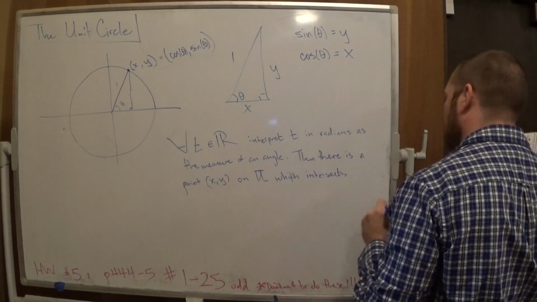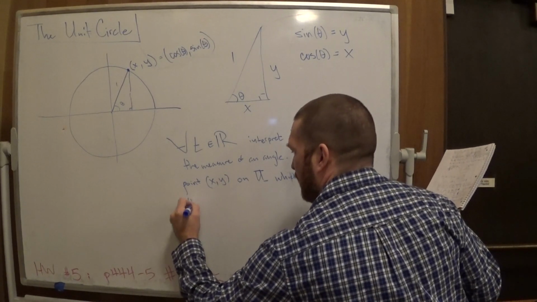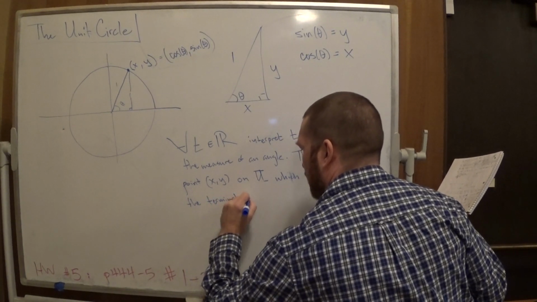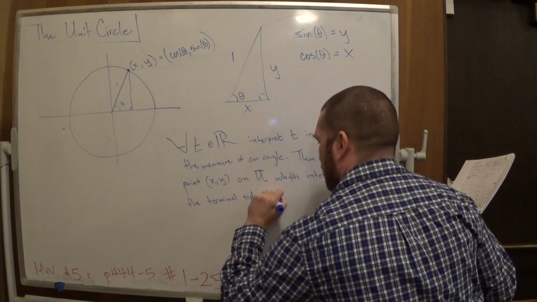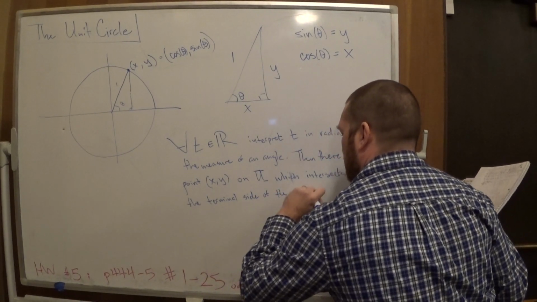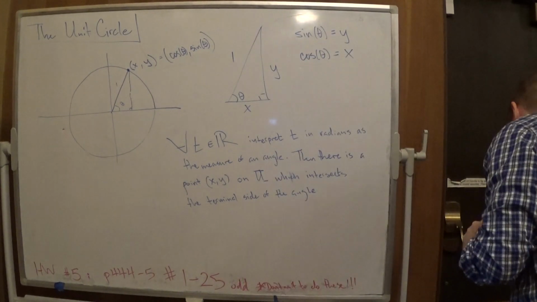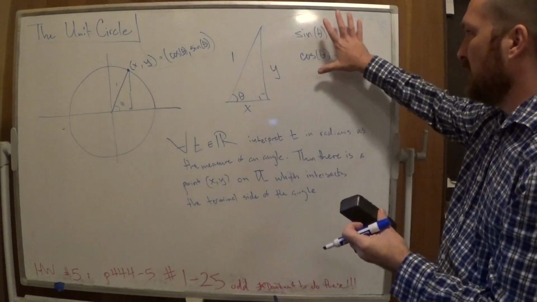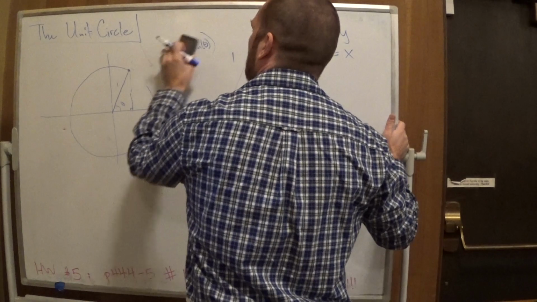And this is going back to what we did last time. The terminal side of the angle. So let's draw a picture so we can all make sure we're on the same page of what I've just written there. What we're going to do is this.